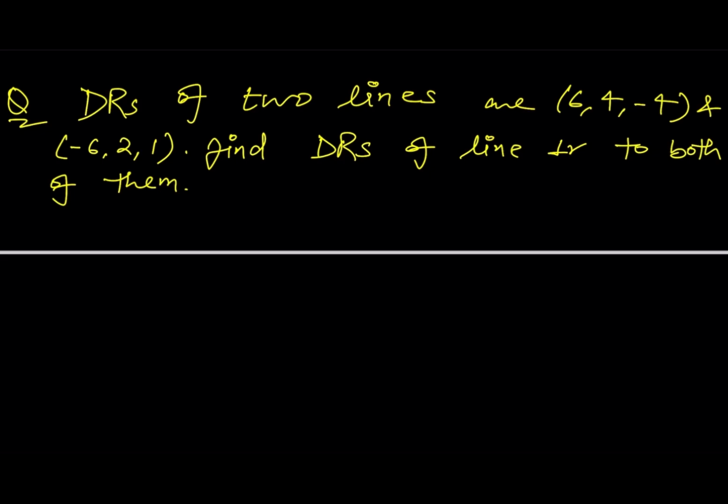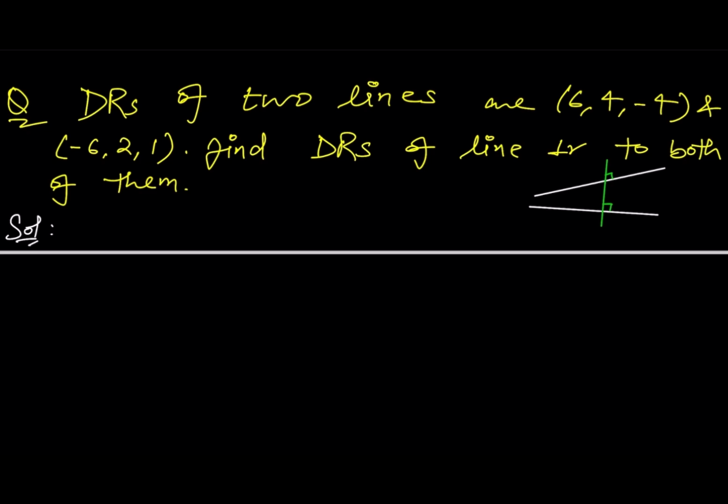So what I'm saying, say these are two lines, and I have to find the equation, the DRs of the line which is perpendicular to both of these lines, right? So how can I find the DRs?